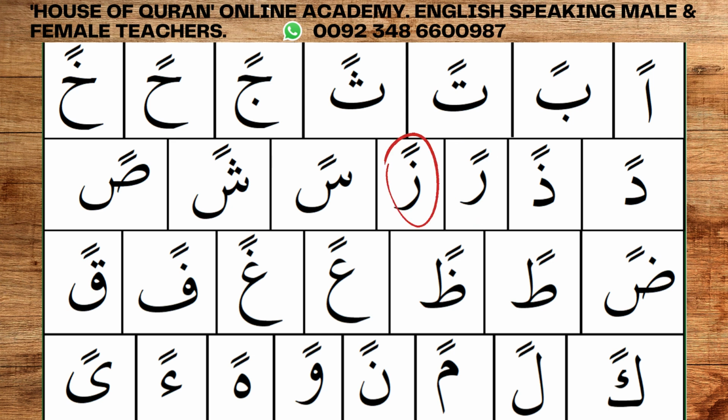A z with an "an" on top makes zan. A s with an "an" on top makes san. Good. And a sh sound with an "an" on top makes shan.